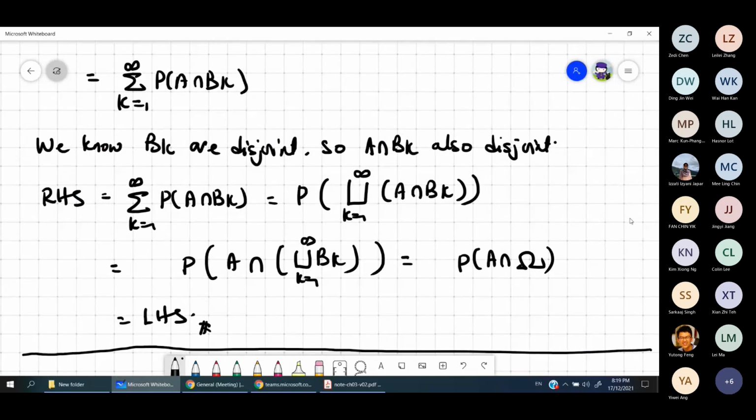It's a good exercise or a good example to demonstrate how we apply the formulas in probability in doing some sort of derivations like that.